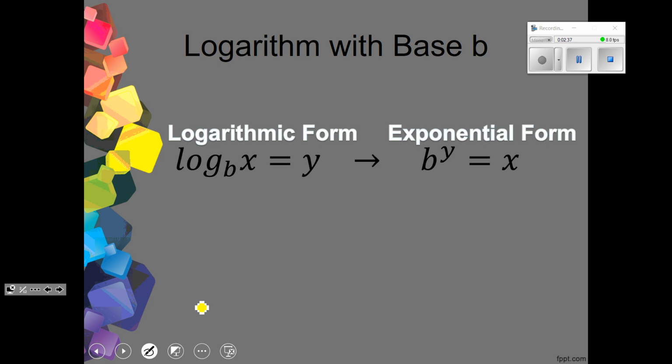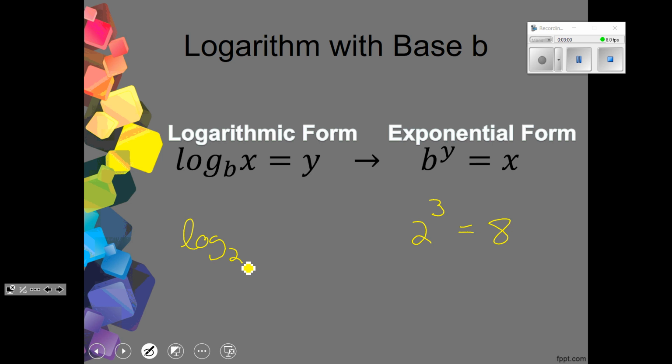So just to give you an example, normally we would say 2 to the third is equal to what? 8. Normally you take the base, raise it to the exponent, and you get the outcome, 8. Well, if I flipped this around, it would be the log base, what's our base? 2.